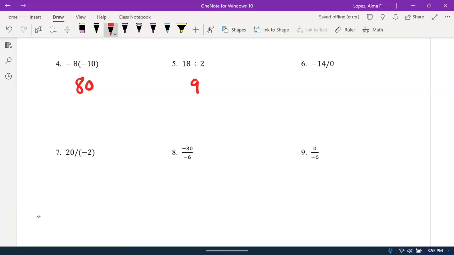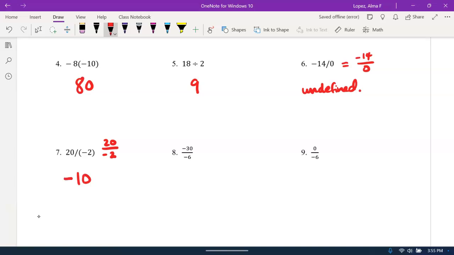Negative 14 divided by 0 can also be written as negative 14 over 0. If the 0 is underneath, the answer is undefined. 20 divided by negative 2, and again, it can be written this way if it's easier to look at. 20 divided by 2 is 10, and the answer is going to be negative.